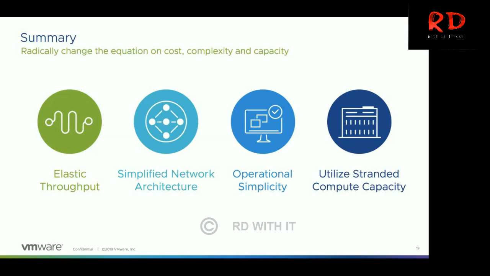Instead of that, we're saying, why don't you add that specific pool of compute into the rest of your environment, because we can inspect everything now. So actually you can make everything more efficient and flexible that way. And that's what I mean by utilize stranded compute capacity.